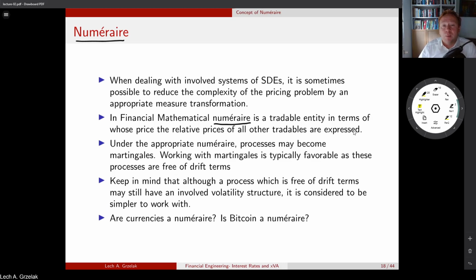For example, in the past, values of products were expressed in amounts of gold. Then gold was considered to be the Numeraire.